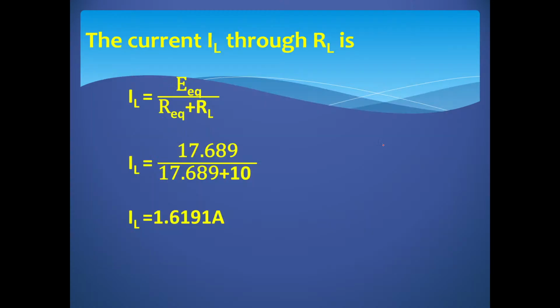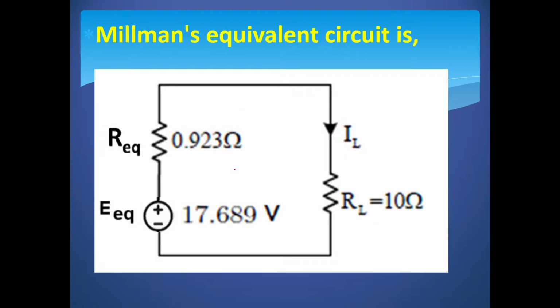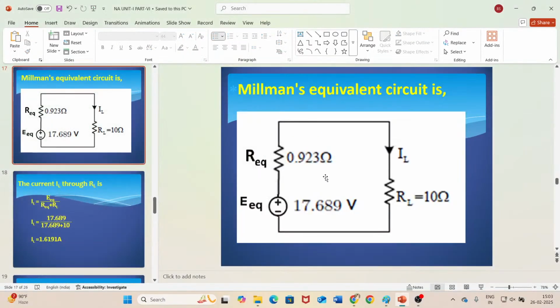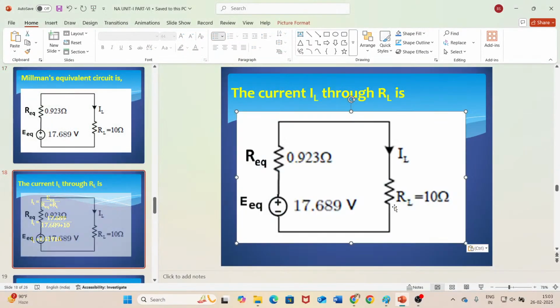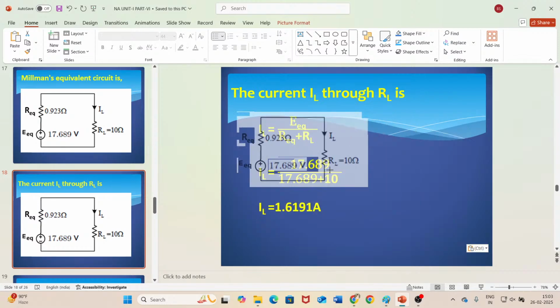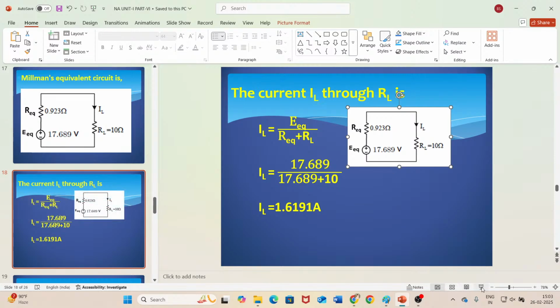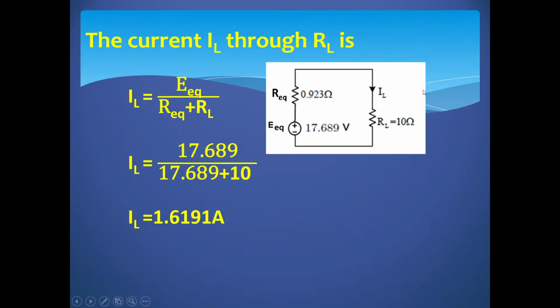Okay, so this is the equivalent circuit. From that circuit, you can determine the load current. I will just copy this circuit in the next slide to determine the load current. So here what is IL?